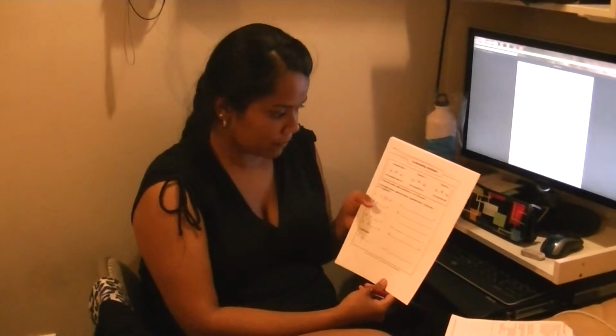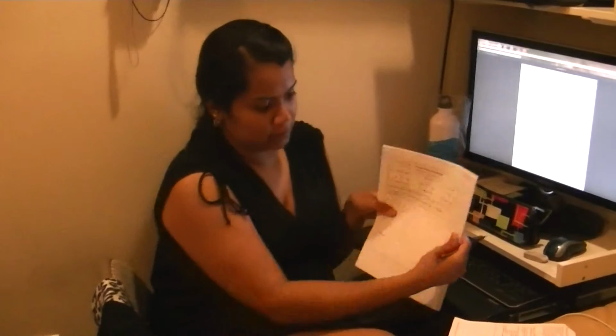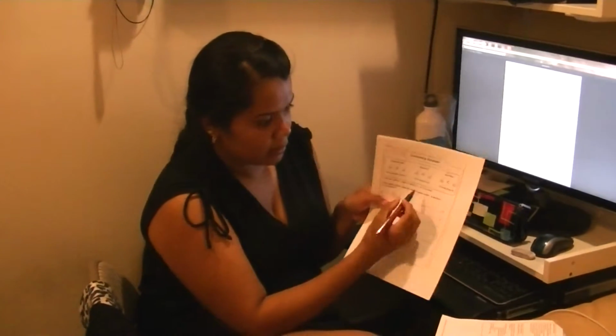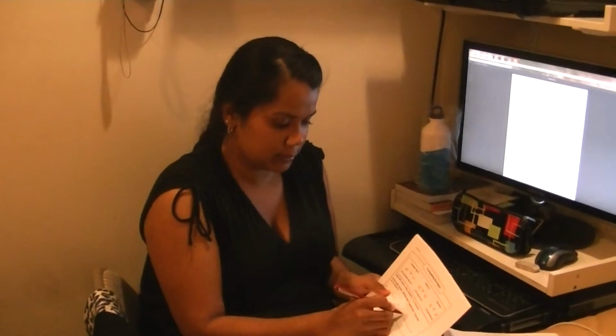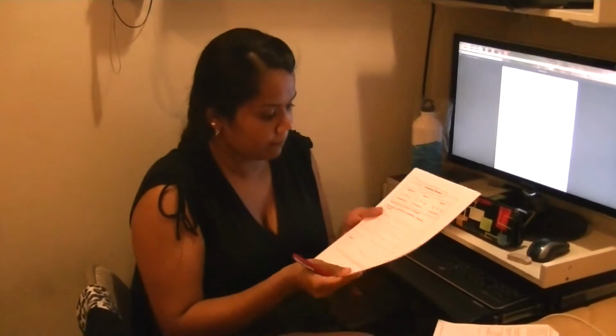This time instead of writing the symbol, we write greater than, less than, or equal to. So 19 is less than 25. That's what we would write. So let's write less than.